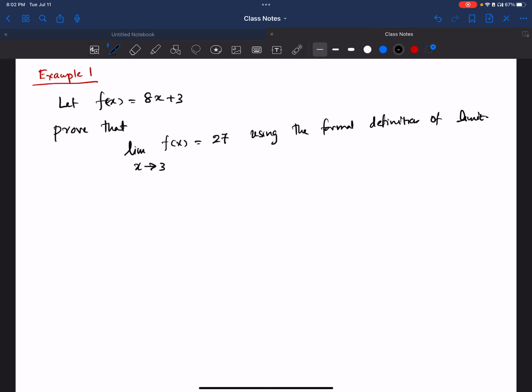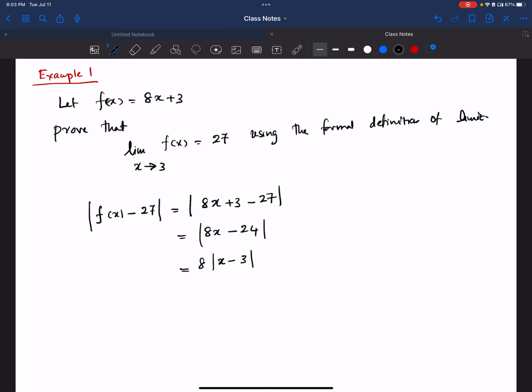Now, what we're going to do is to create f(x) minus 27. That is f(x) minus L, right? So what is f(x)? f(x) is 8x plus 3 minus 27. That will give us 8x minus 24. And I can take 8 out. That will give us 8 times the magnitude of x minus 3.